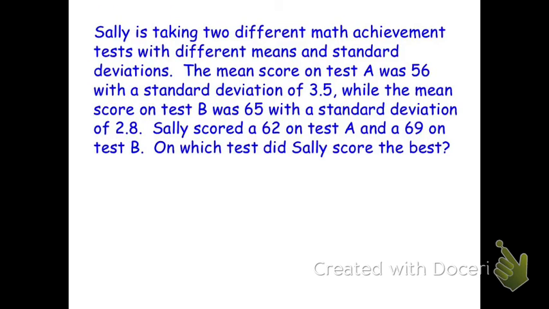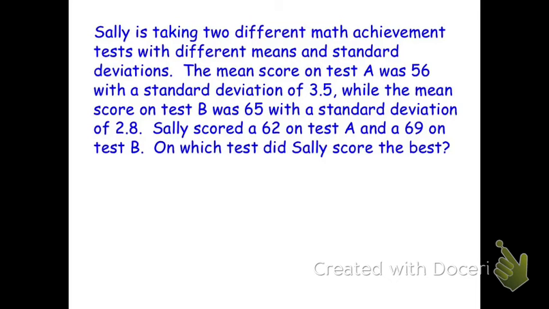So here's an example of when you would need a z-score. I've got two different tests with two different averages and two different standard deviations. If I want to compare those test grades and see how you did compared to everyone else, you need to find the z-score of both. Sally's taking two different math tests.